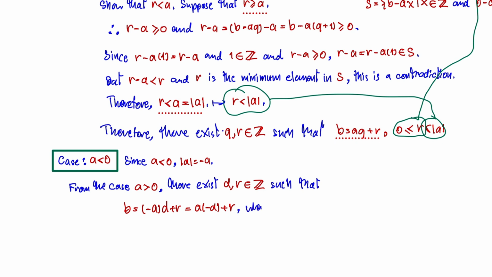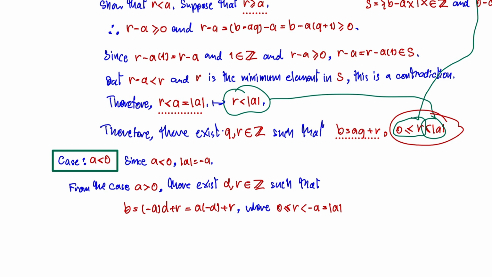R is greater than or equal to 0, from the previous case, and R is less than minus A. What is minus A? It's the absolute value of A.